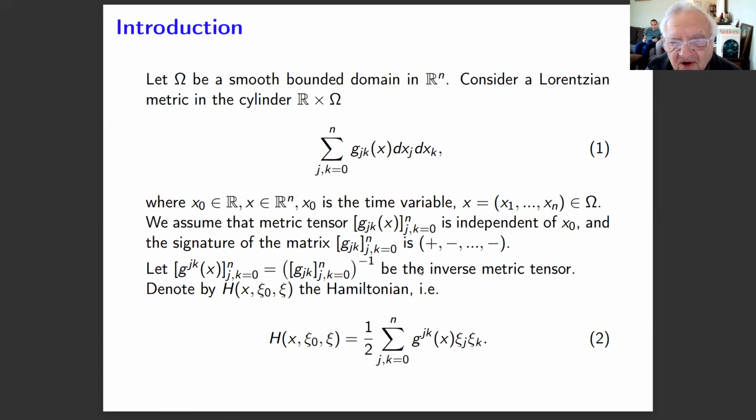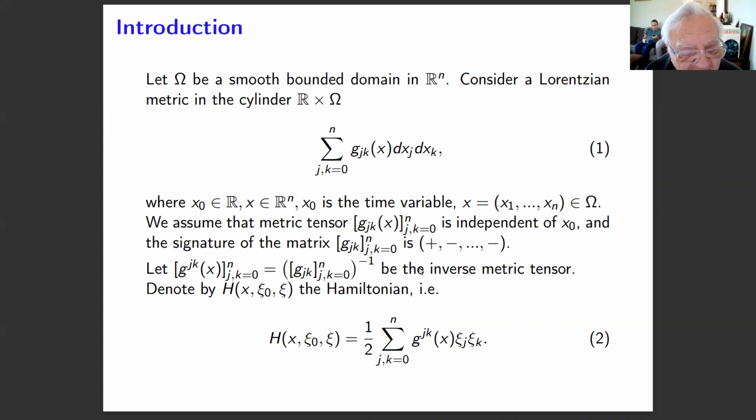This is formula 1, which gives you the Lorentzian metric. It is Lorentzian because the signature of the matrix g_jk is plus, minus, minus, minus.